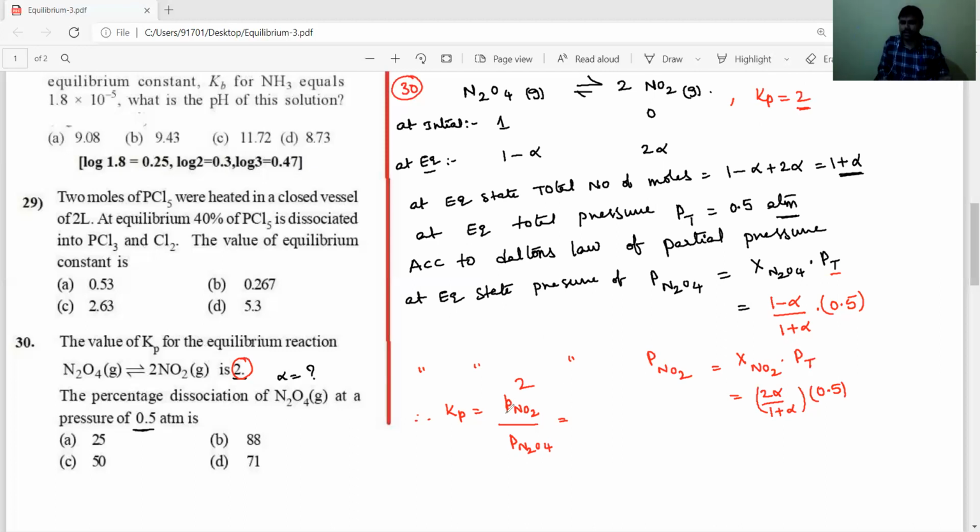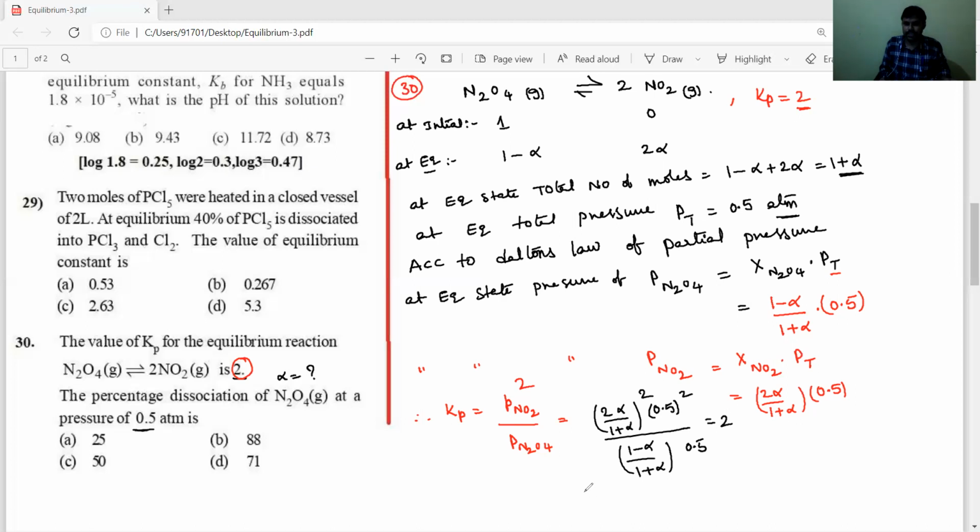Now just substitute the pressure of NO2: 2 alpha by 1 plus alpha, whole square, into 0.5 whole square, divided by the pressure of N2O4, 1 minus alpha by 1 plus alpha into 0.5, is equal to 2.